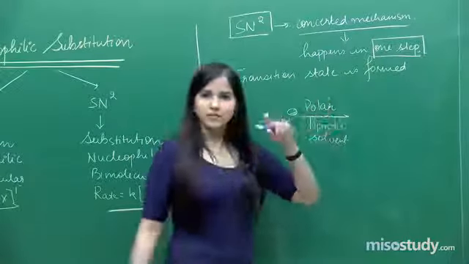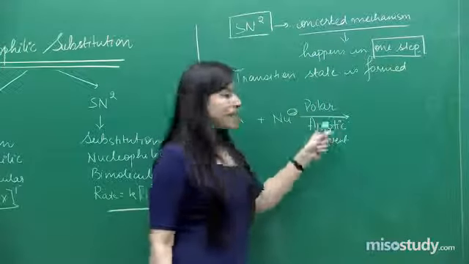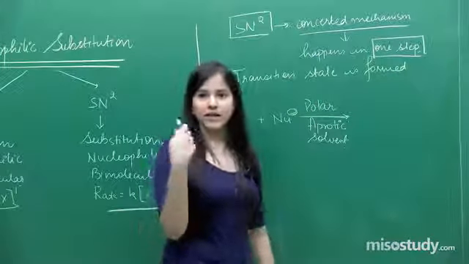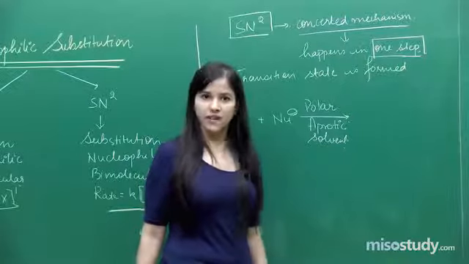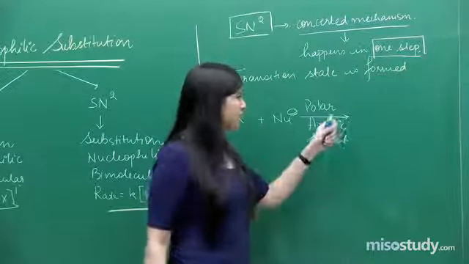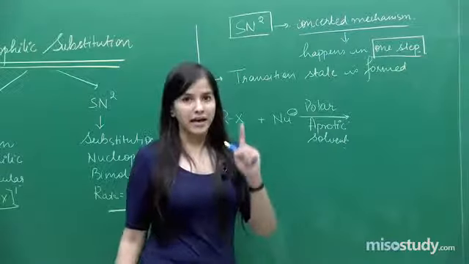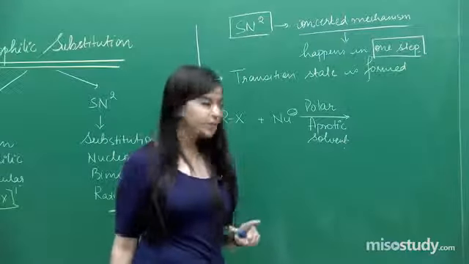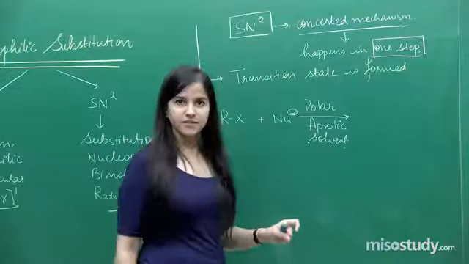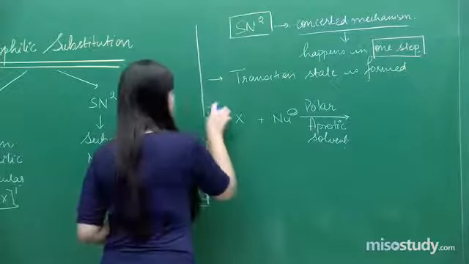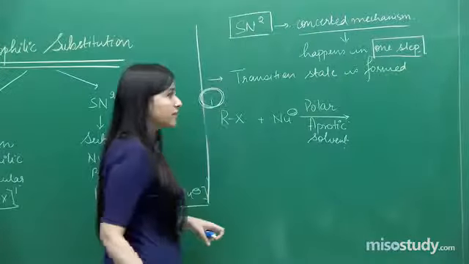Why polar? Because it has polarities. Why aprotic? Now I don't want any liberation of H plus ions, right? So that is why I am taking the one which is aprotic, which does not donate H positive ions. Fine. What do we get? That is a one-step process, only and only one step process.